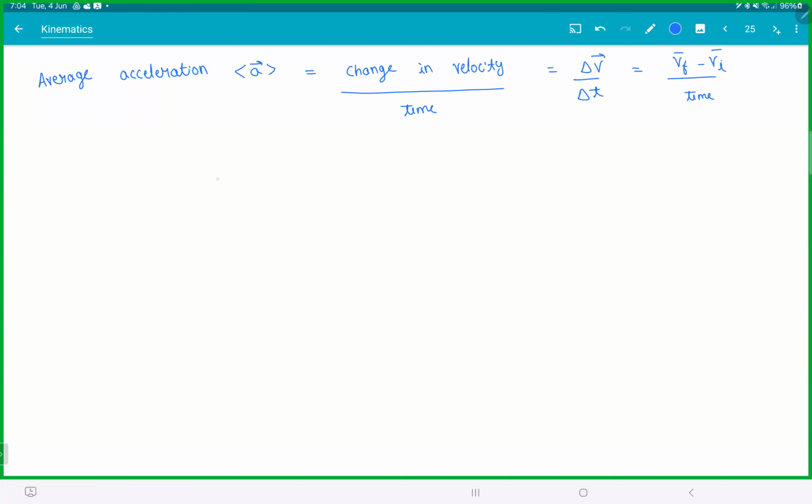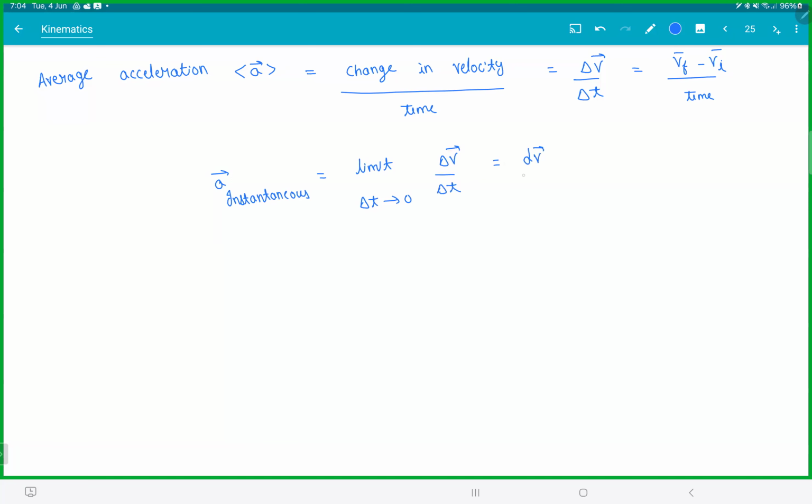Now, if you talk about a instantaneous, limit delta T tends to 0, this is how we write delta V bar by delta T. So if you make the time very, very small, then the change in velocity by time becomes dV by dt.